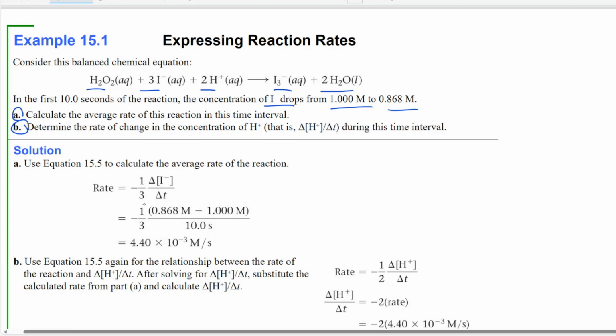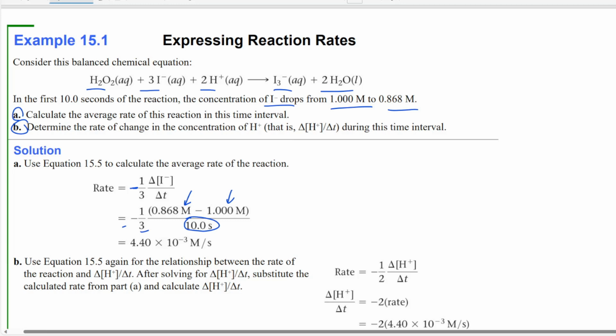We calculate the rate with respect to one of the reactants by putting a negative in front and then 1 over the coefficient of that reactant, then the change in concentration over change in time. So we see that the rate with respect to iodide would be negative 1/3 times 0.868 molar, that's the final concentration, minus 1 molar, that's the initial concentration, over the time interval of 10 seconds.